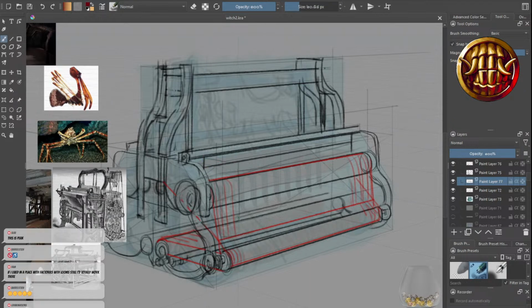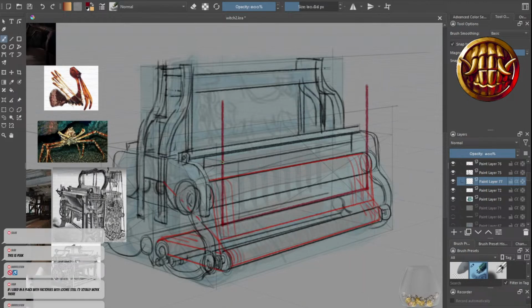So here, up, up, over, here, there. That's their little box.